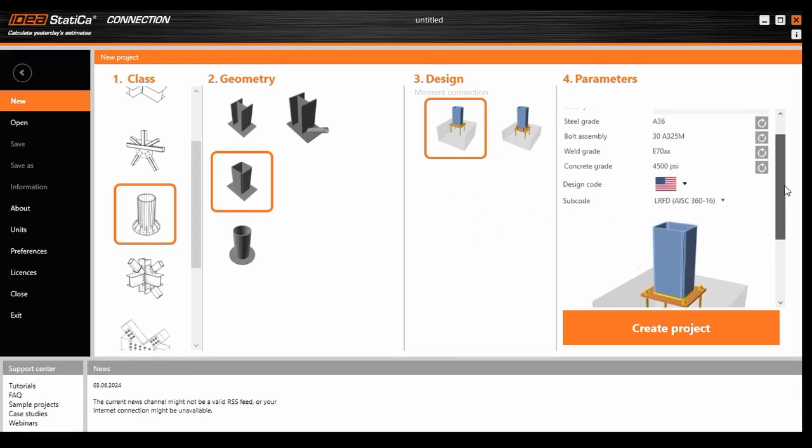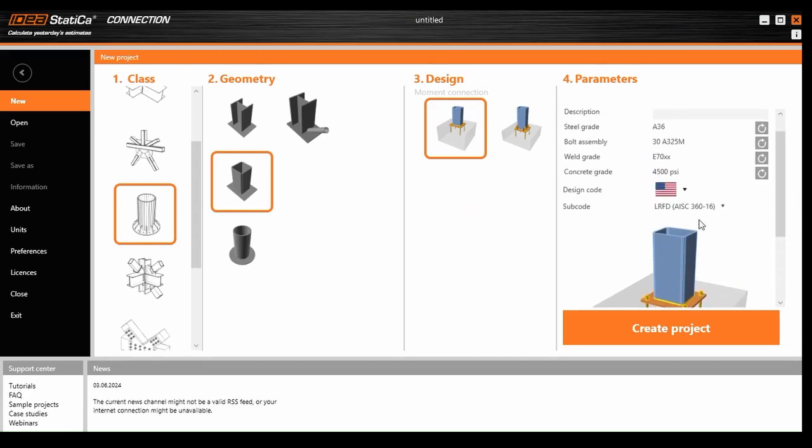On the right side we choose the grade of steel in use, anchorage diameter, welding grade, concrete strength as f'c, and design code and approach to design, whether it is an LRFD-based design or ASD.